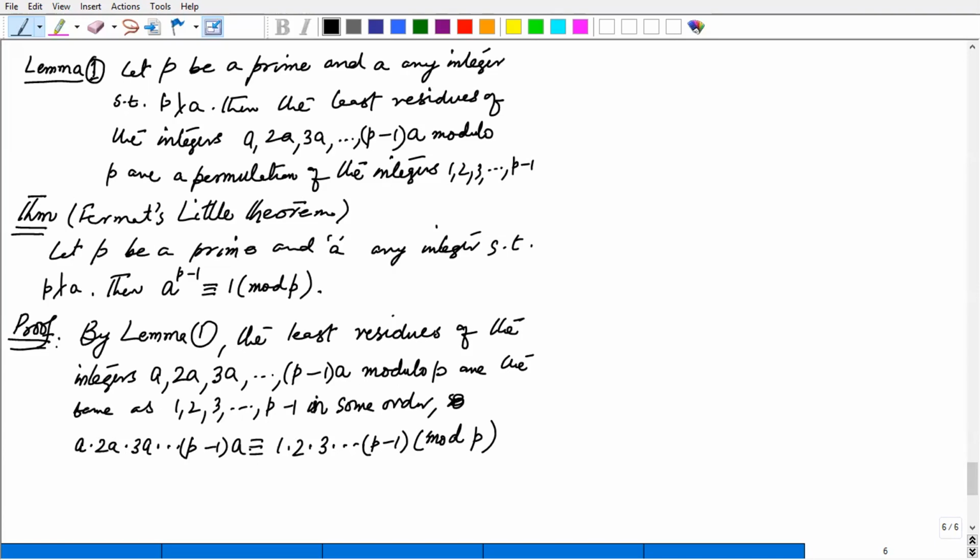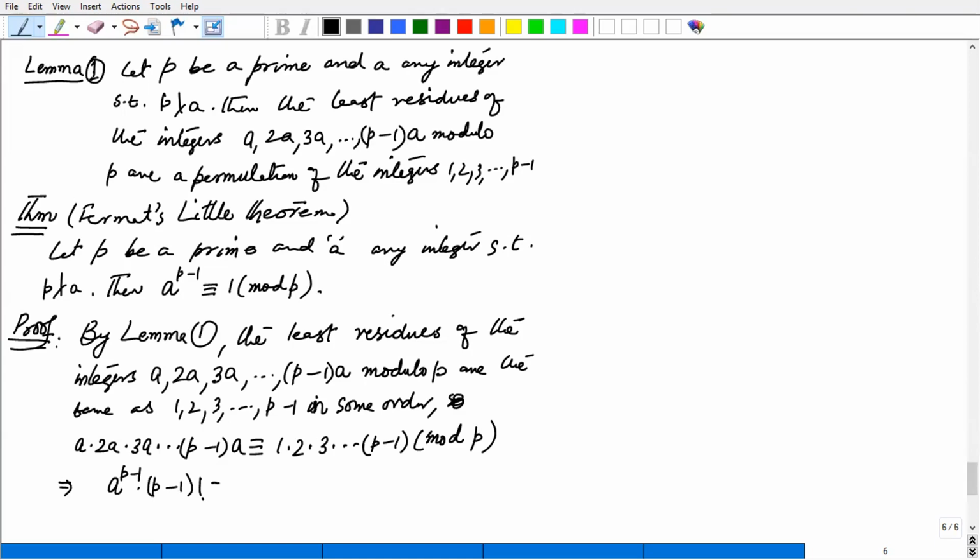So we can write a to the power p minus 1, because we have a product of p minus 1 a's. And then we have the product of natural numbers till p minus 1, which we can write as p minus 1 factorial.